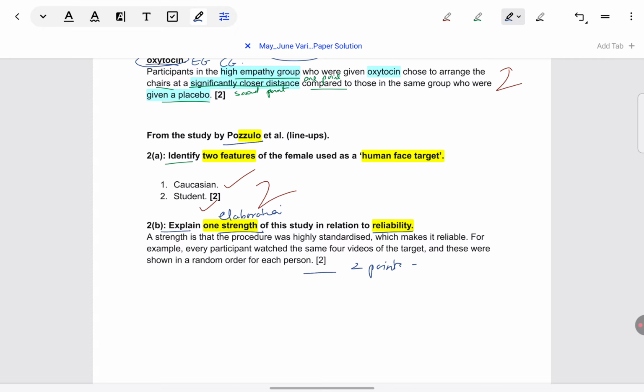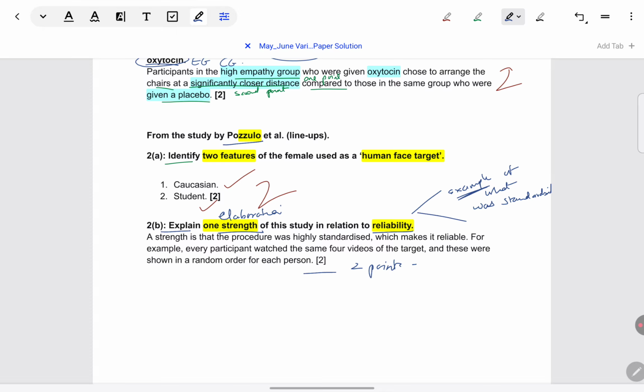Now, when it comes to reliability for any study, what are 2 points that you can give? Some example of what was standardized in the study. As I told you, contextualization always has to be there. So, in this particular study, in Pozzulo et al., what was standardized? Give an example of that. And don't just say the procedure was standardized. Examples, concrete examples from the study.